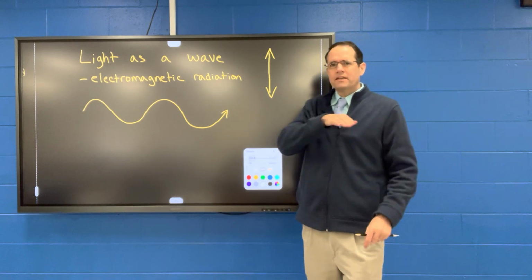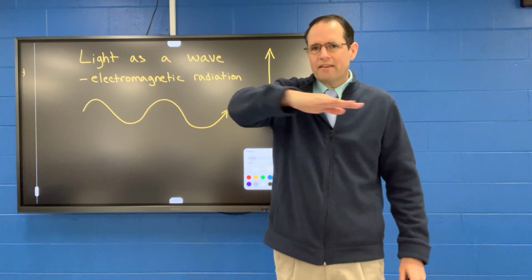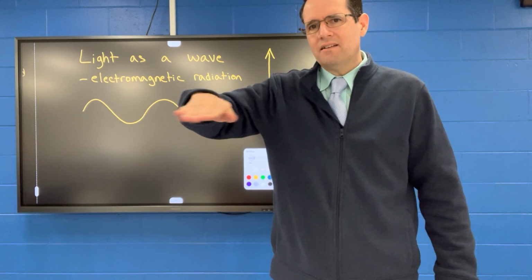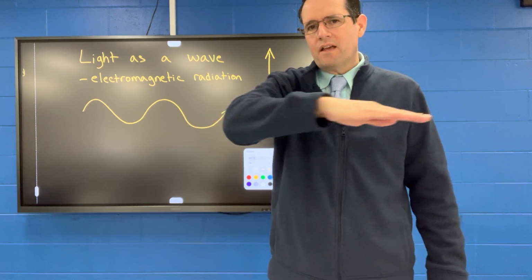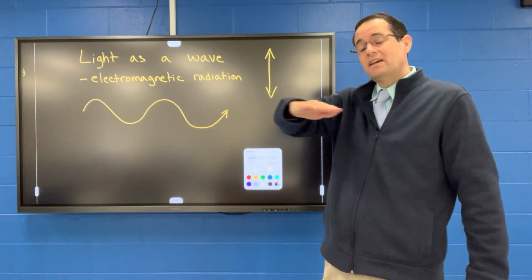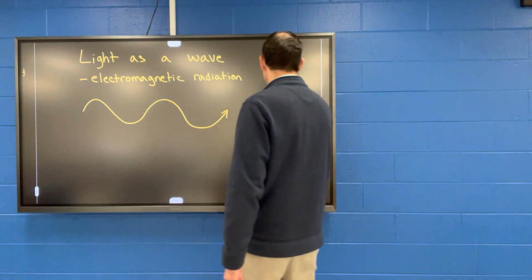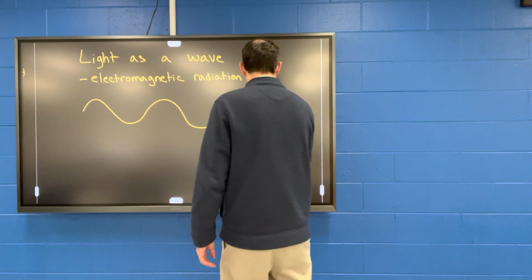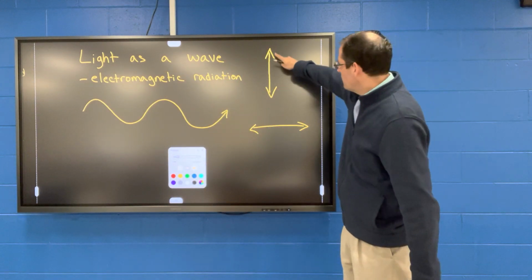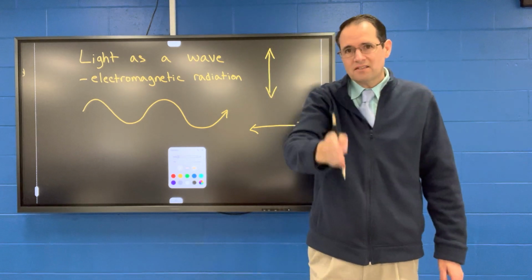What if the wavelength of light snakes like this, like a snake, and it's coming towards you like this? If you look at my hand, it looks like it's going left and right. So that right there is a direction of the oscillating, say, electric field or the magnetic field. It's going left and right. So these arrows with the two heads, one pointing up, one pointing down, just mean the direction of the oscillation.